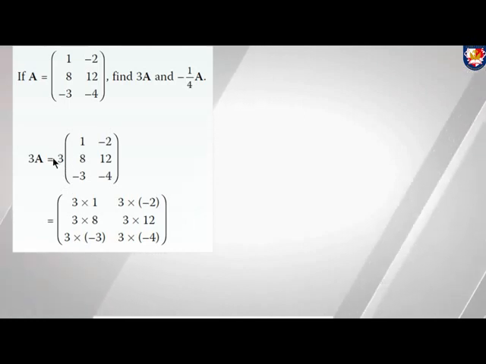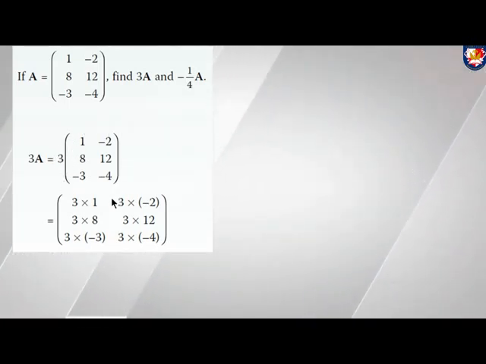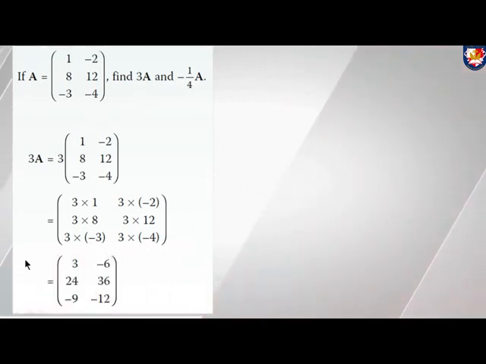You just simply multiply 3 with every element inside A. So matrix 3A is 3, -6, 24, 36, -9, and -12.